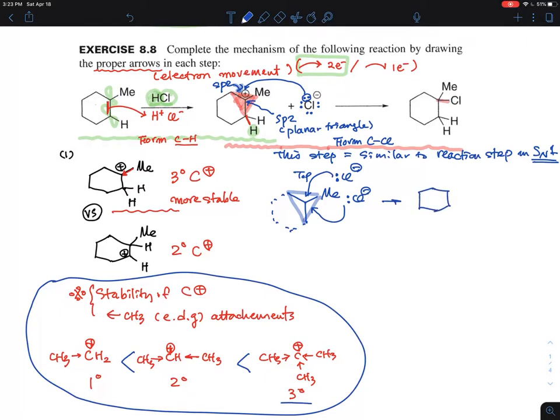When coming from the top, the bottom one will be CH3. And when the chlorine forms a bond from the bottom, there will be this chlorine, and the methyl group is going to look like that. And then we ask, are they the same molecule? They are the same molecule.